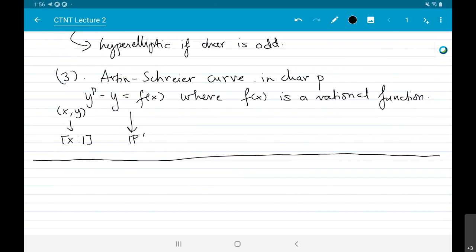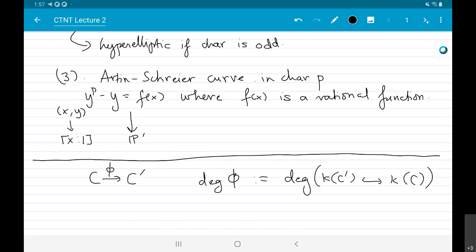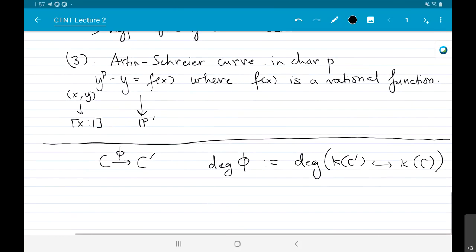So whenever you have a map of two curves, the way you define the degree of this map, maybe I didn't put this in the notes, is as the degree of this extension of function fields. I'm going to add it. Thank you. So I should say that here you need a surjective map. All our maps are going to be at least surjective on F_q-bar points.